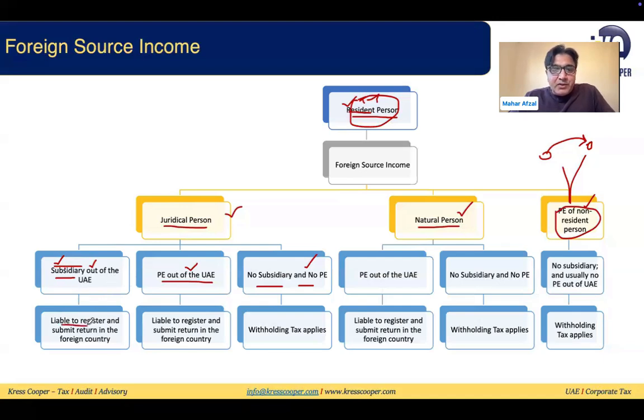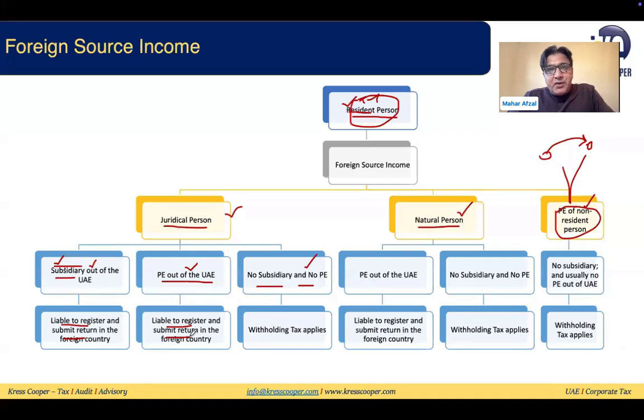They will be liable to register there. They need to submit the return. If it is a PE, the PE will still be liable to register there and submit the return. I'm assuming that in most cases, the PE or other company is liable to register. Once they are liable to register, they will be liable to submit the return as well.